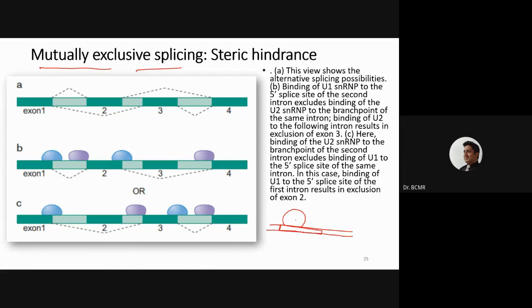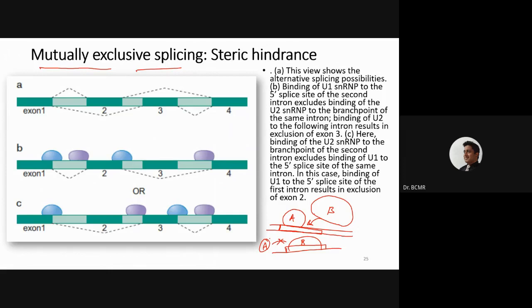If a protein is already binding here, another protein which might interact with the same site will not have enough space because it's already occupied by, say, protein A, and protein B cannot fit in there. On the contrary, if protein B is already bound here, then A cannot bind here, isn't it? That is something called steric hindrance.